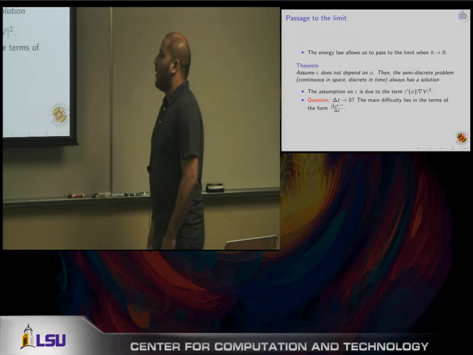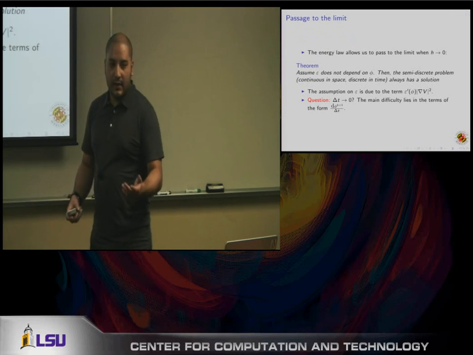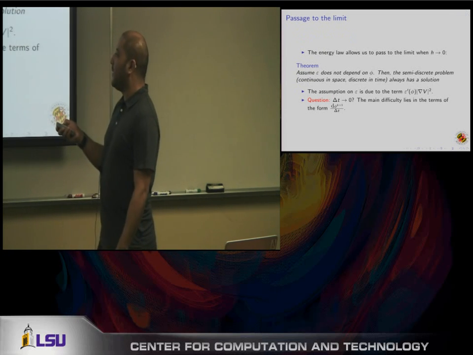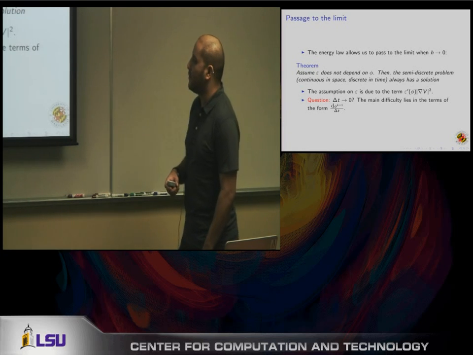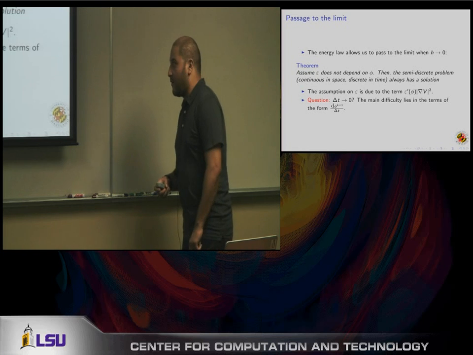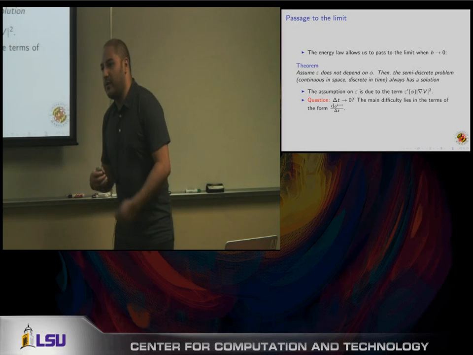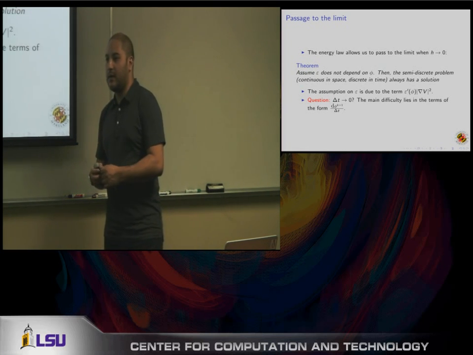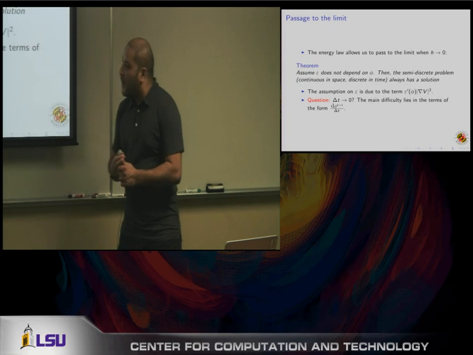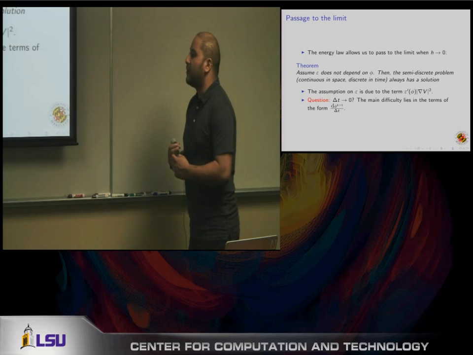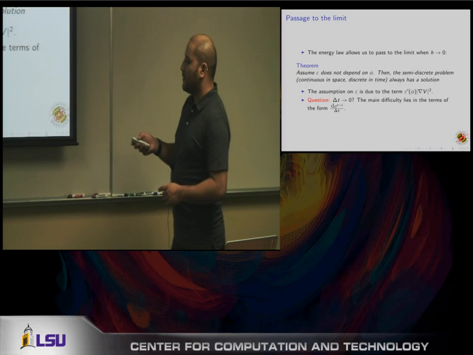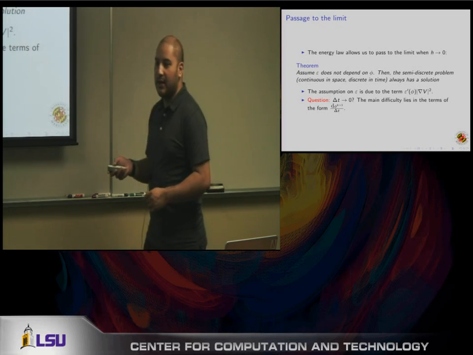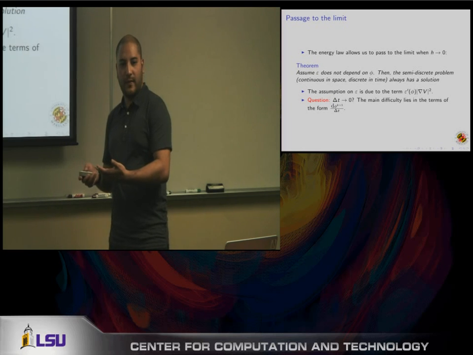Okay, but as I said, at least in this somewhat restricted case, we know that there's always going to be a solution. Of course, the next step would be to pass to the limits in the time discretization parameter, which is something that we do not know how to do yet. And the main difficulty is that, if you recall, we had time derivatives on the boundary conditions.